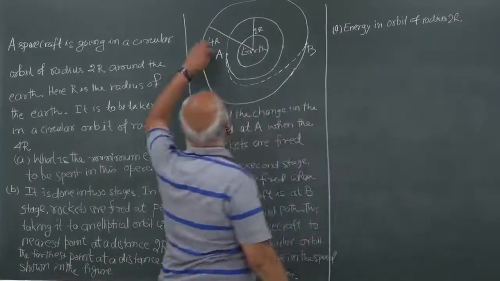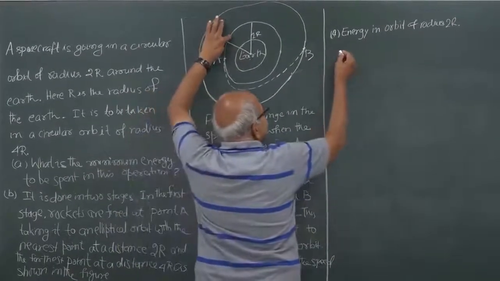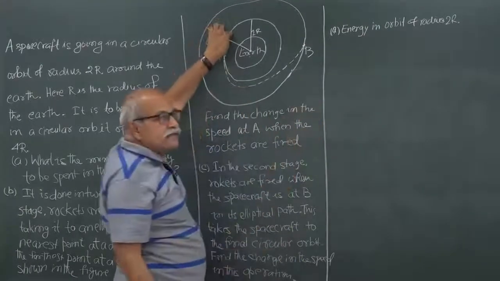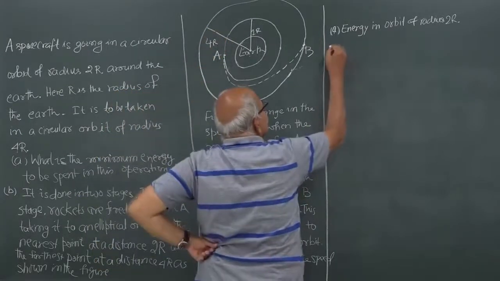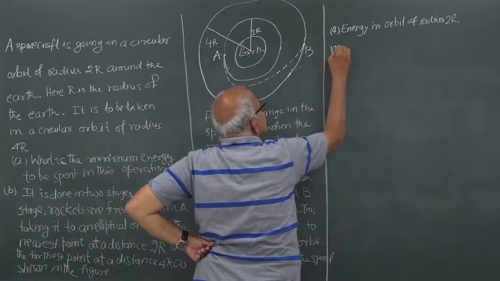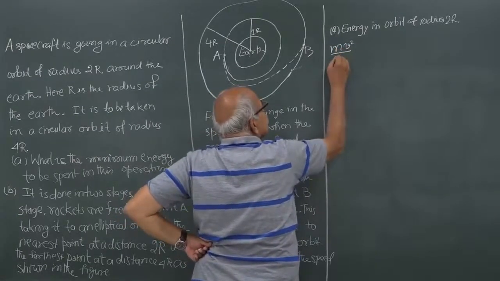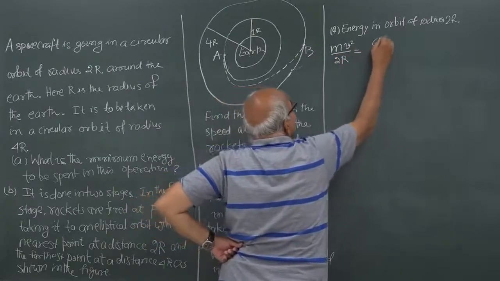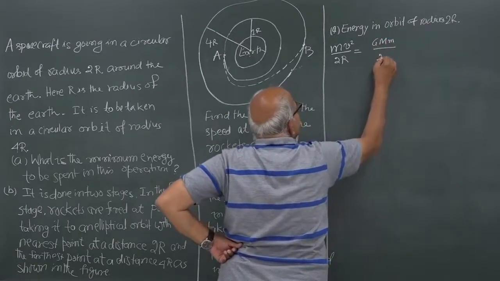So, when it is in this circular orbit, what is the energy? You have total energy is equal to kinetic energy plus potential energy, and the kinetic energy you can easily write, if m is the mass of the spacecraft, m v square divided by the radius 2r, this should be the force, and that is G M m divided by 2r square.